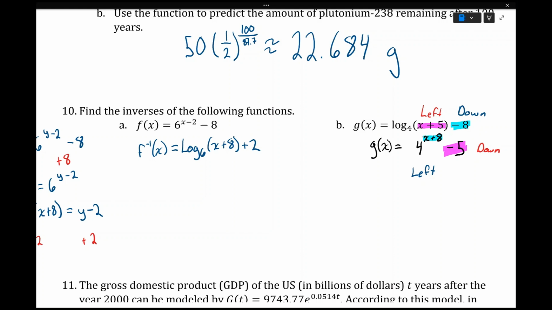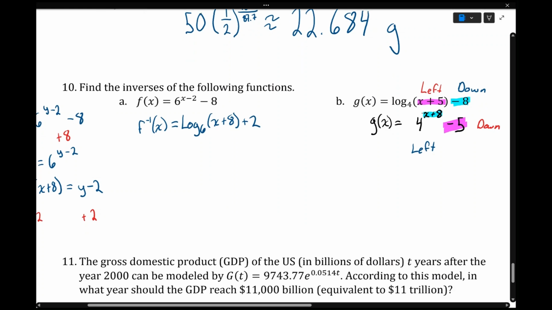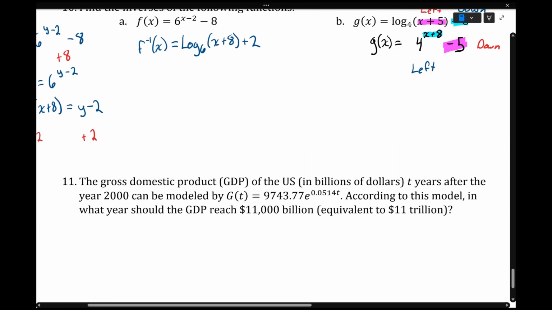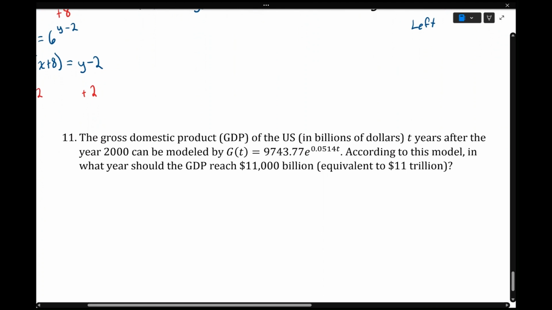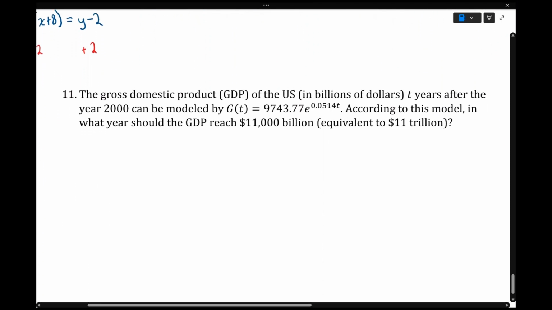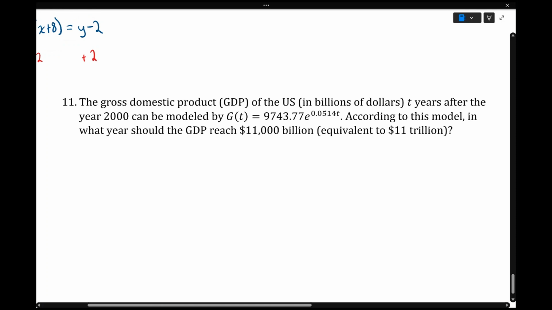All right, we're going to finish talking about gross domestic product. That's the sum total of goods and services produced by the U.S. in a given year. And if any of you are economics majors, you may know that better, and I may have said it wrong. Don't at me. So we have this model.